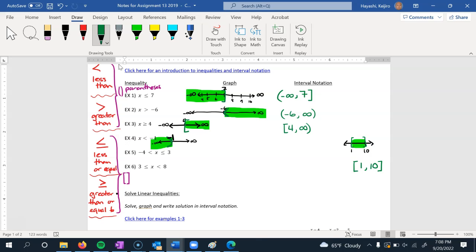Where does this interval start, so to speak? It ends at -1, and it starts at negative infinity, because it's over on the left. So that's going to have a parentheses. So parentheses negative infinity, and it goes up to -1. And -1 also has a parentheses on it.